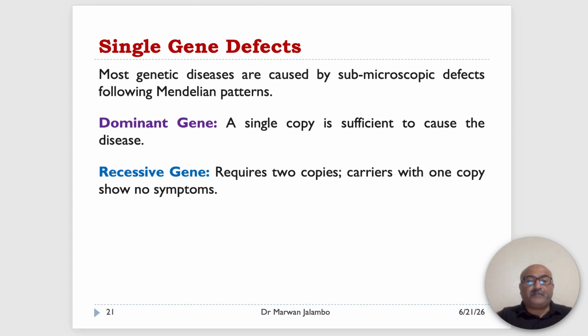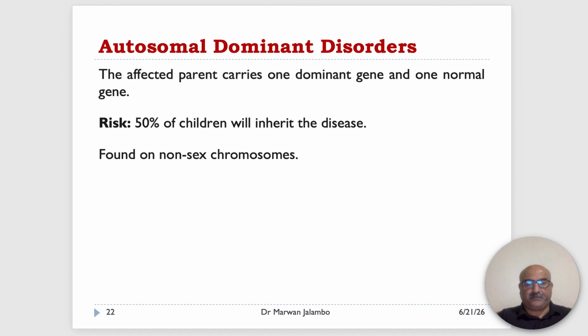Let's explore the inheritance patterns of dominant disorders. Autosomal dominant disorders. In an autosomal dominant disorder, the defective gene is located on a non-sex chromosome, and because it is dominant, the affected parent usually has one dominant defective gene and one normal gene.